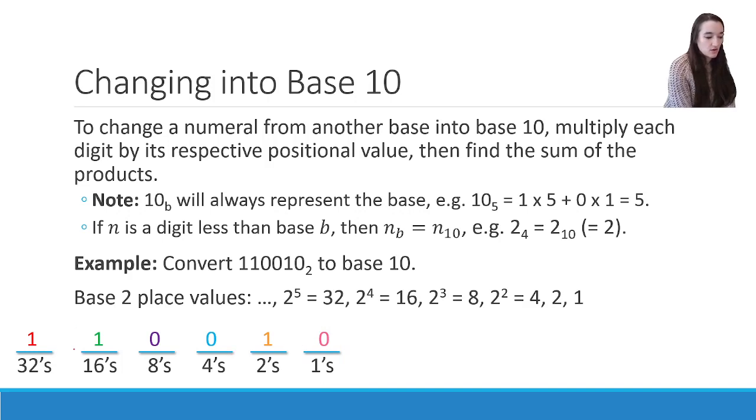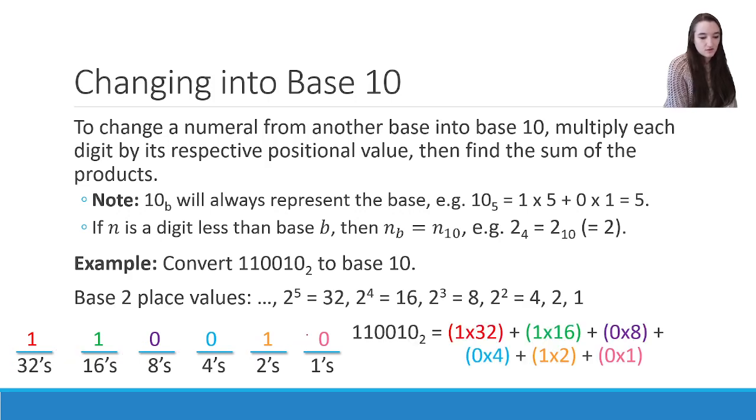So, we've got 1 times 32, add 1 times 16, add 0 times 8, add 0 times 4, add 1 times 2, add 0 times 1. So altogether, we get 50. So 110010 in base 2, in binary, is equal to 50 in base 10.